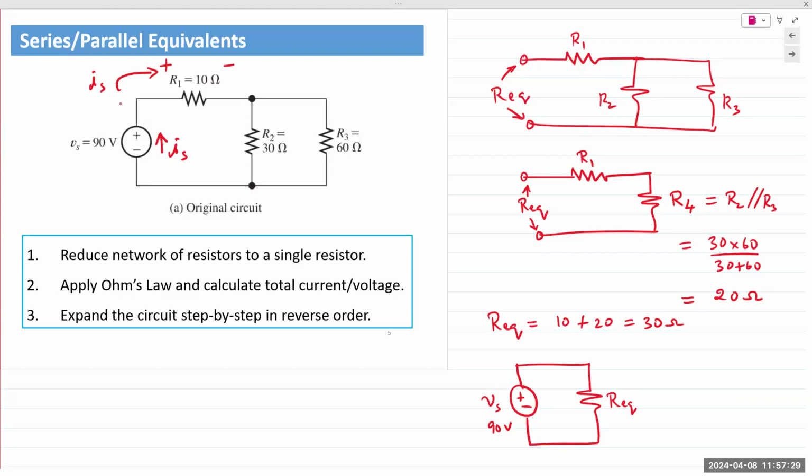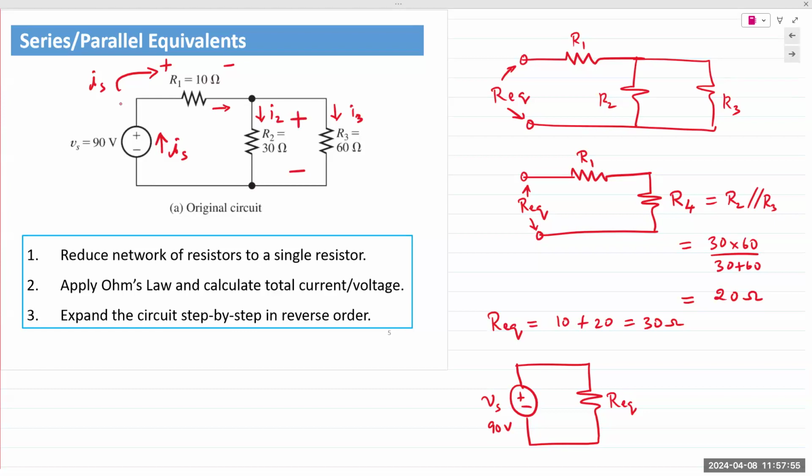That is my assumed polarity of the voltage for R1. Then current hits this junction, splits in two. I call it I2 and I3. And again, current is entering from the top. Point of entry is plus, point of exit is minus.